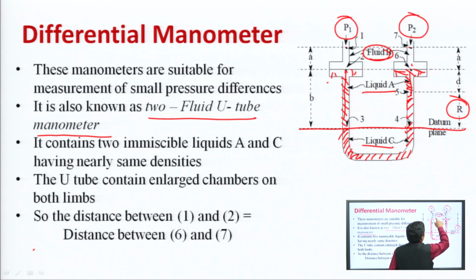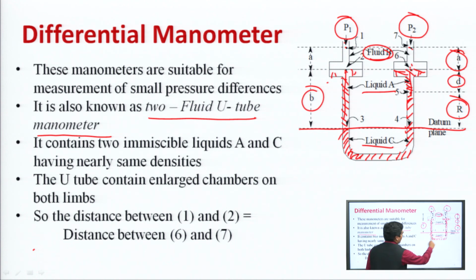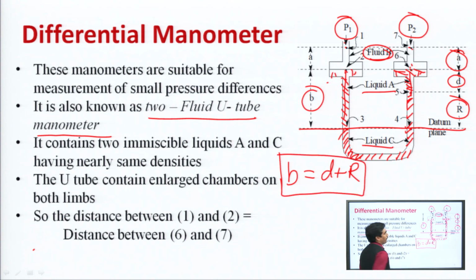The distance between point 1 and point 2 and the distance between point 7 and point 6 is A. Similarly, the distance between point 2 and 3 is B, and the distance between point 6 and 5 is D, and 5 and 4 is R. So, from the diagram it is evident that B is equal to D plus R.